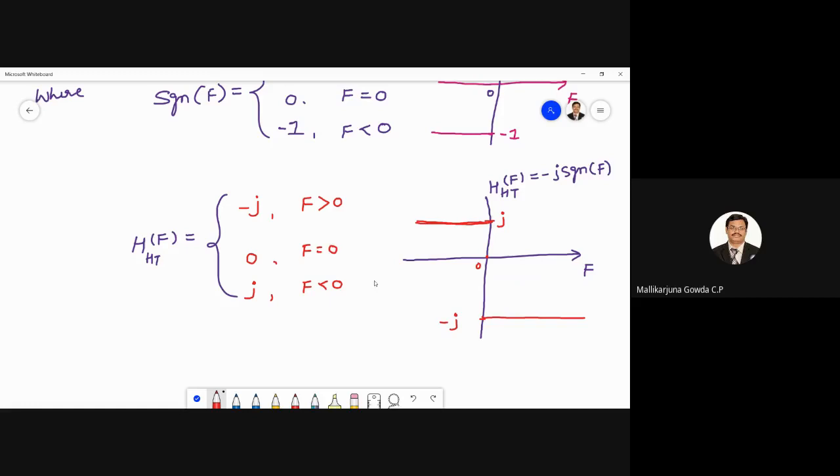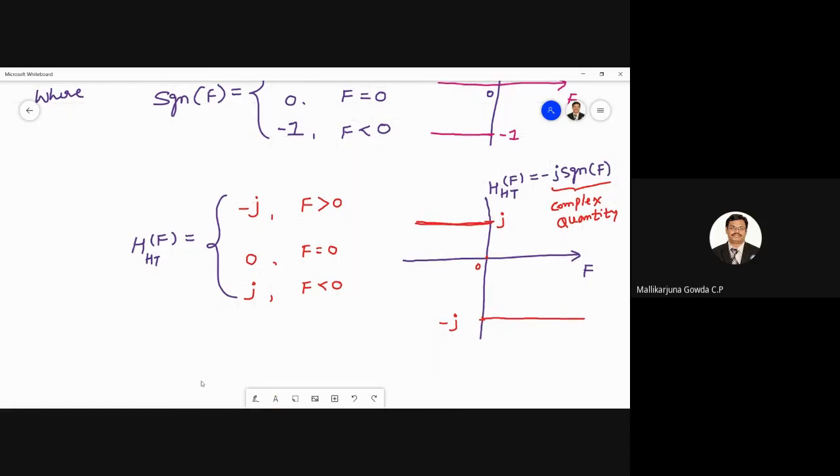So minus j signum of f is a complex quantity because it is multiplied by minus j. For a complex quantity, we write the magnitude and phase response.